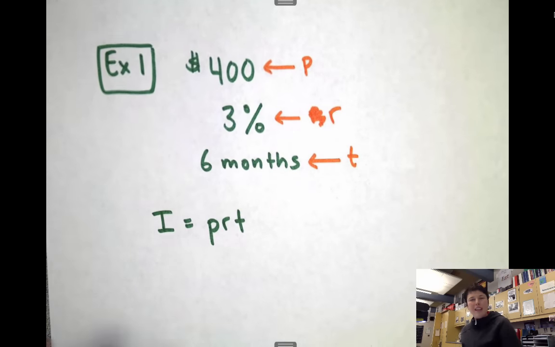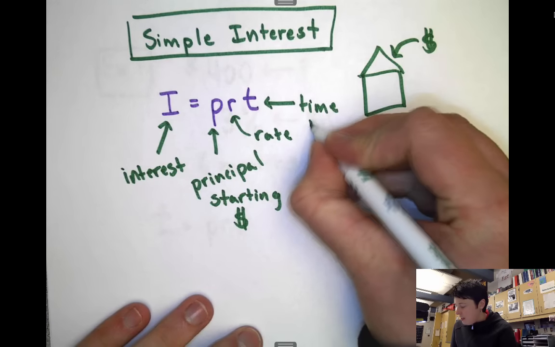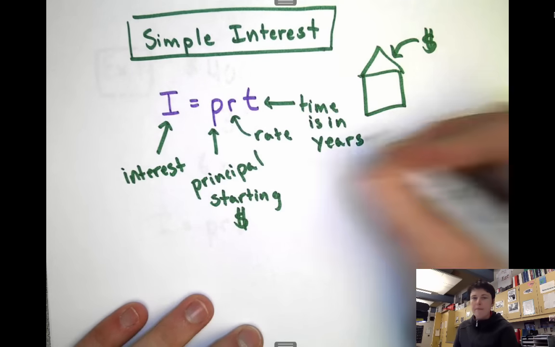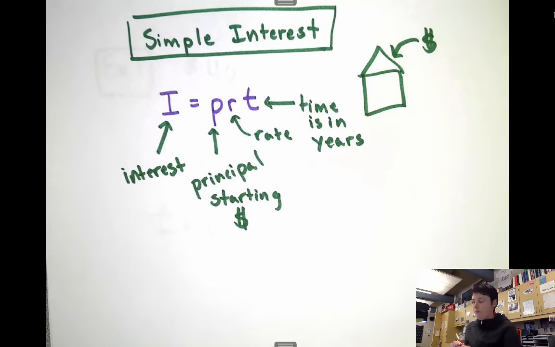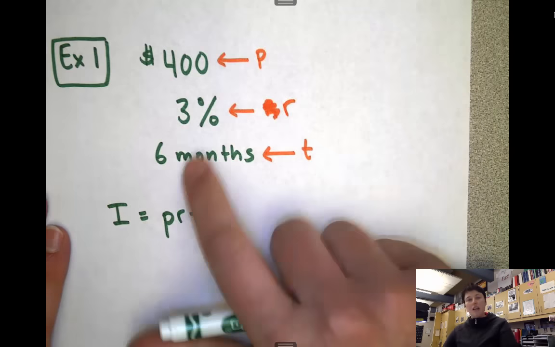The only stipulation is that usually when we use this formula, we calculate time in years. If you go back to our notes, I think we should add a little note that time is in years. That's an important thing to note. For the problem we are doing, our time is 6 months.